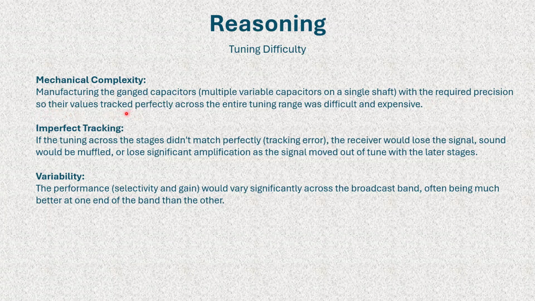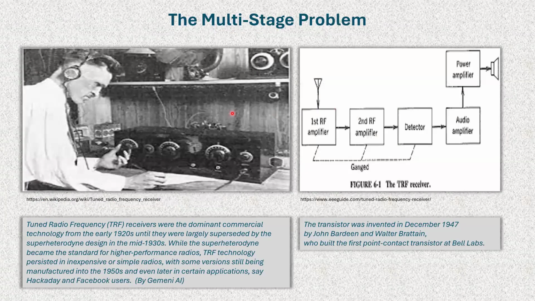Tracking is the term that we also got to remember. To track perfectly across the entire tuning range involves some sort of mechanical talent of the engineers. So you could have one single knob or dial and turn all three of those stages here. You could just put maybe an elastic band around, but it doesn't work that way.